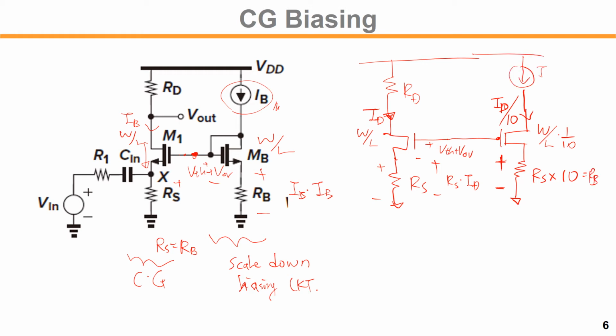Now we force ID over 10. So this is how you bias and how you choose the device current, value and device size. Once you finish your main common gate amplifier design, you can always generate your biasing network and properly scale it down for current saving.